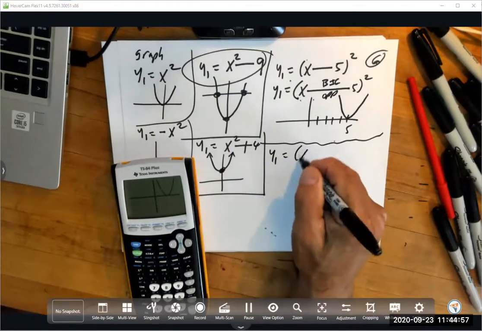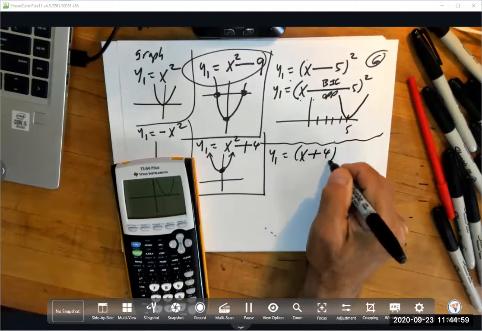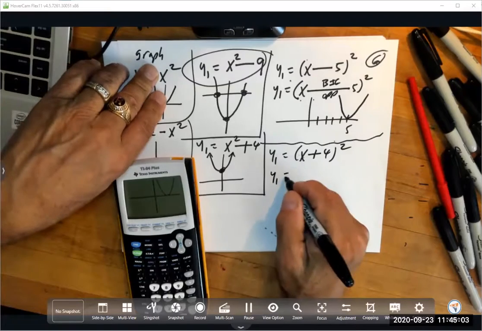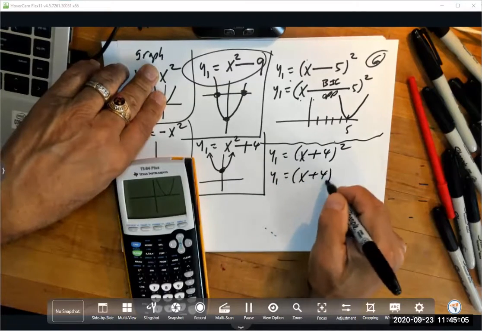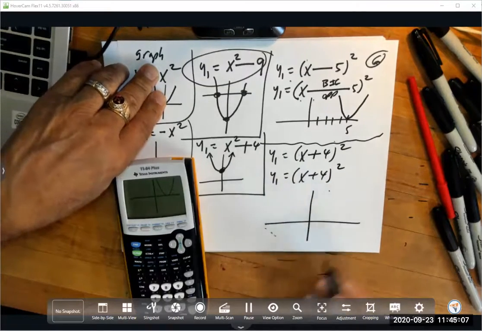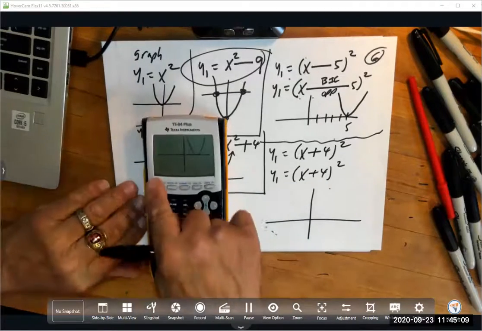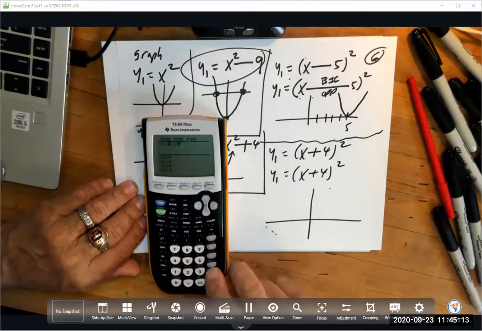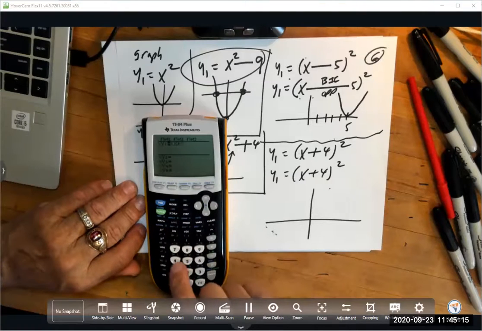What if I have x plus 4 squared? I bet you kind of have an idea what's going to happen. Do it in a calculator though. The x plus 4 to the power 2, and it's going to draw it. So let me do mine. Y, clear, x plus 4 to the second power.